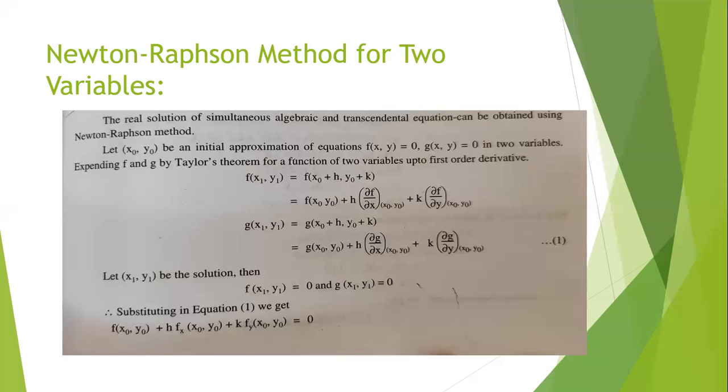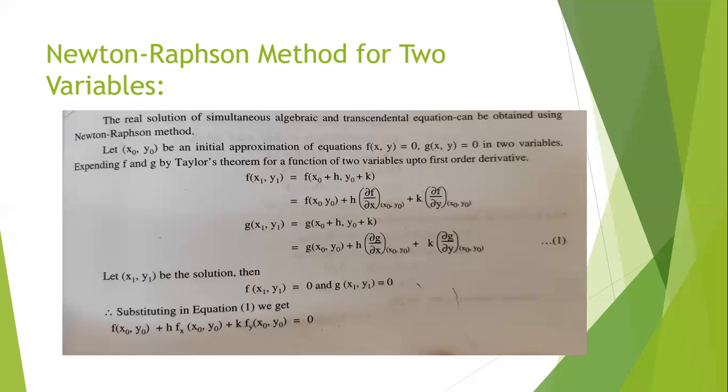Substituting in equation 1, we get f of x0 comma y0 plus h into fx of x0 comma y0 plus k into fy. Fy means the partial derivative of the function with respect to y, and fx means the partial derivative of function f with respect to x.